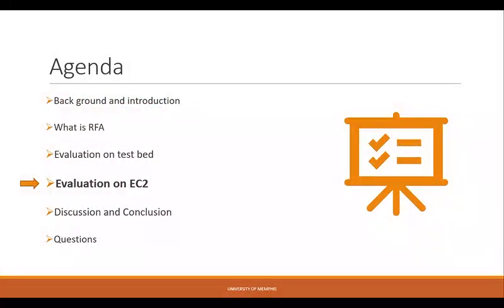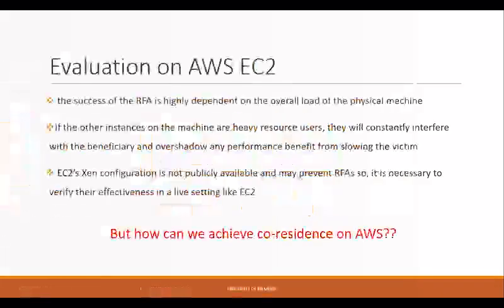So that was the evaluation on the test bed. Now we are evaluating on EC2, and they tried to implement this on EC2 because real situations are always different from the lab situation. So they were just trying to make sure that their attack is feasible and achievable in real life.